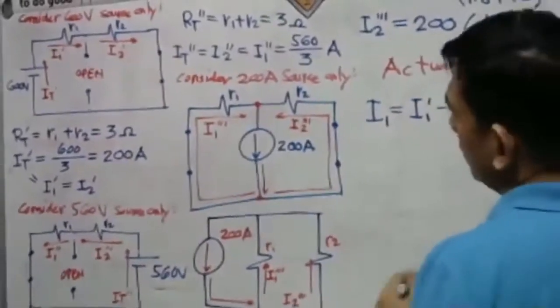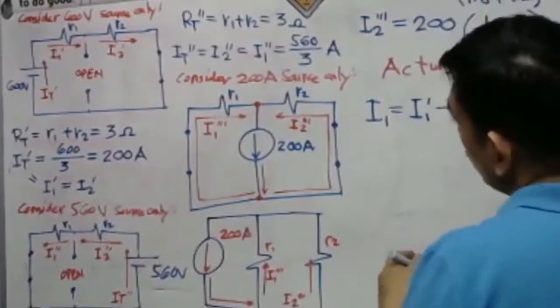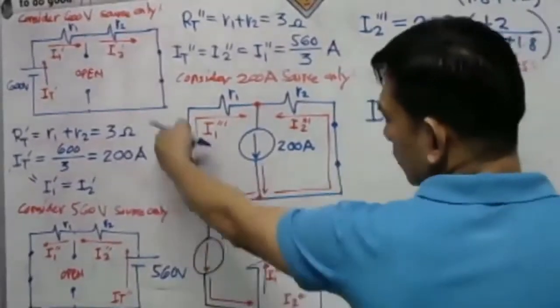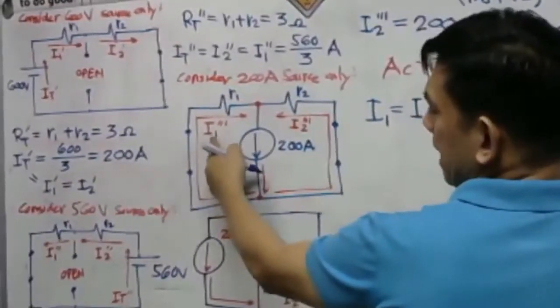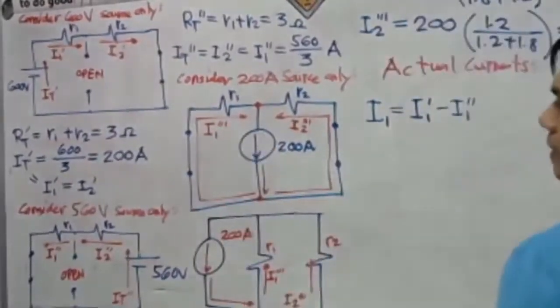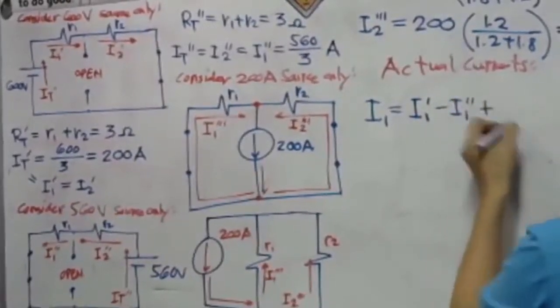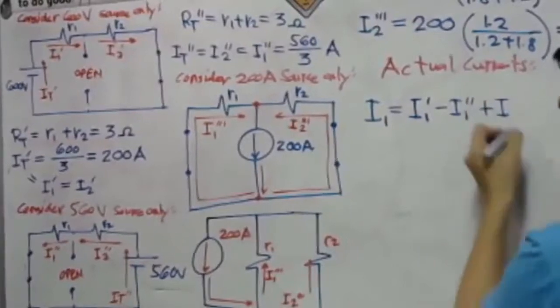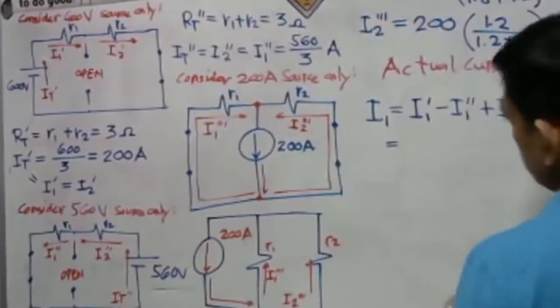What about the triple prime? The original is going to the right, and the triple prime is also to the right. Take a look here. It is also to the right. So that is plus I1 triple prime.